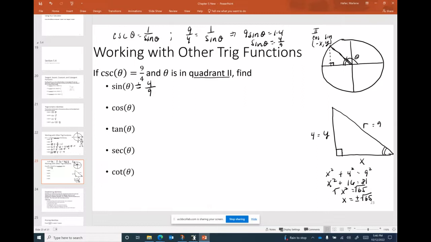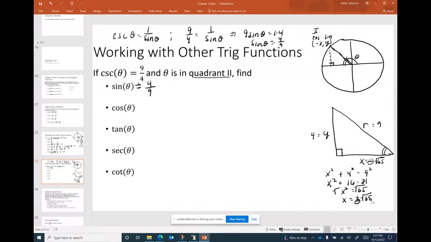It's got to be negative because we put our triangle over here, and we're really using that leg to find our x coordinate. So we want negative square root of 65. Now that we know this x coordinate, its measure is square root of 65, but I don't want to lose my sign, so I'm going to say it's negative square root of 65.